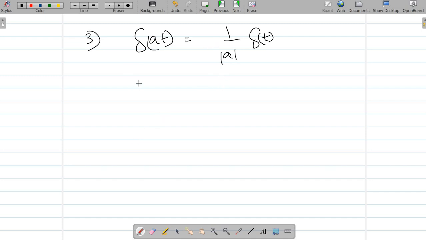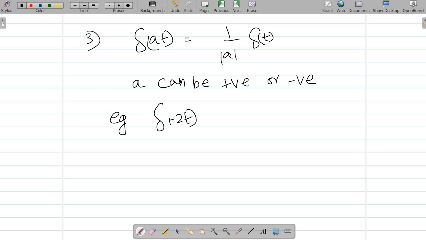The a in this case can be a positive value or a negative value. Say, as an example, let us say we are having delta of negative 2t. This I can write as 1 divided by the magnitude of negative 2 into delta of t, that is equal to 1 divided by 2 into delta of t. So this is one of the important properties.